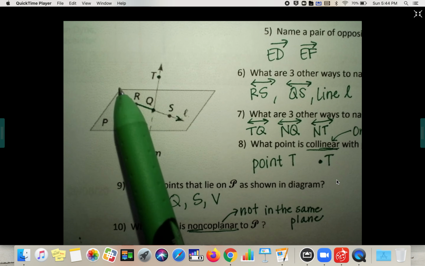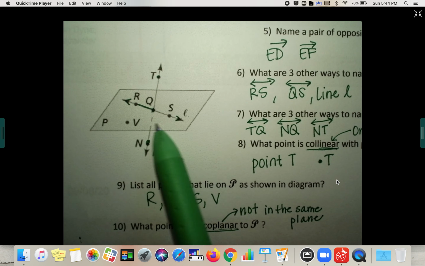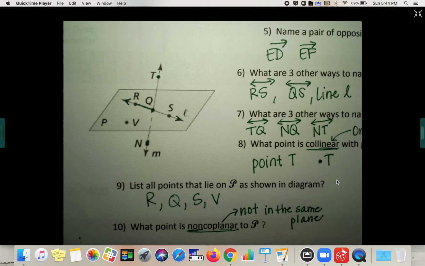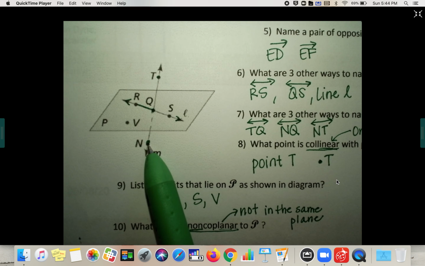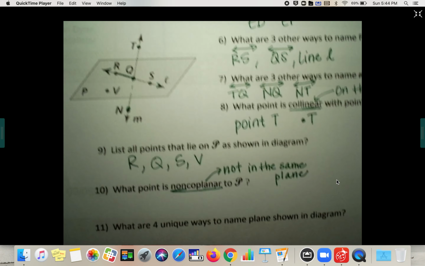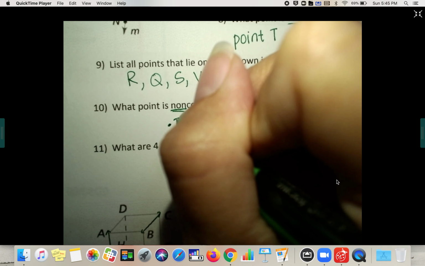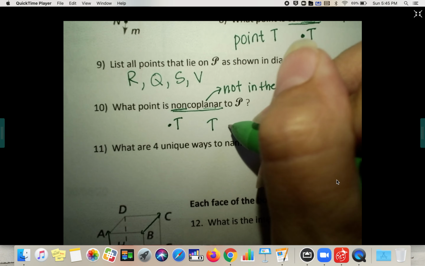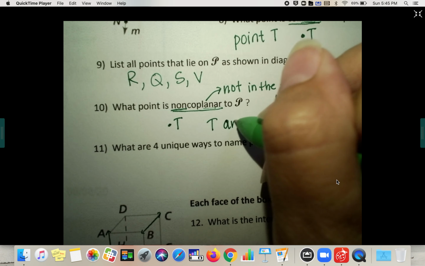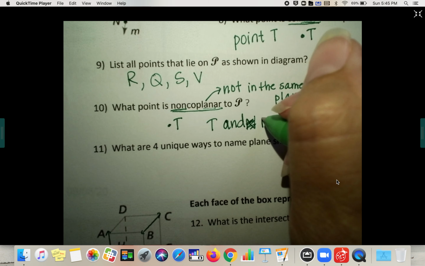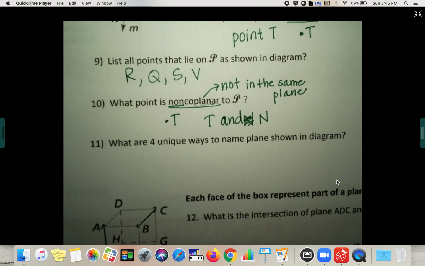Well, here's P. It's this parallelogram. So something that's not on there is T. T is way up here in space. And point N. N is way down here in space. So point T, and N. T and N.